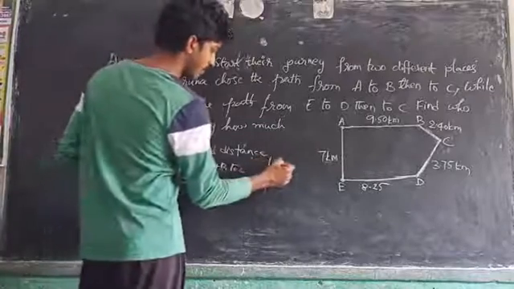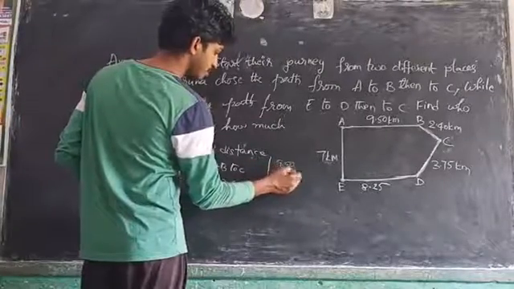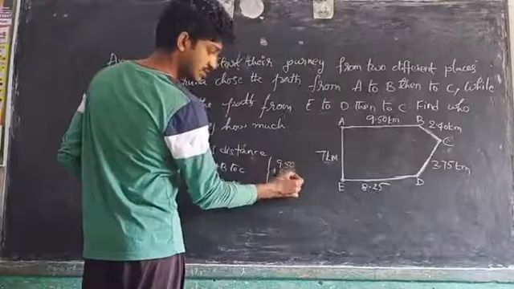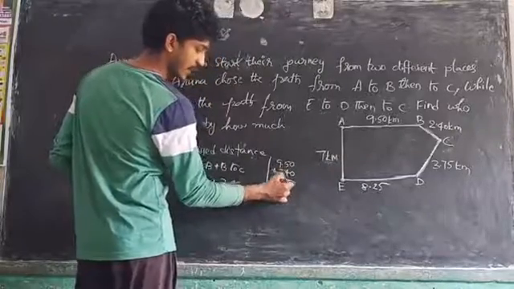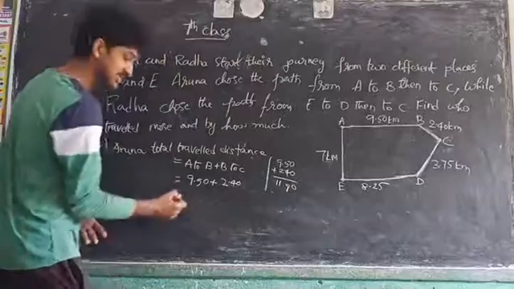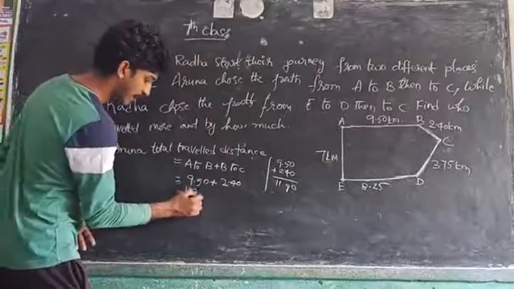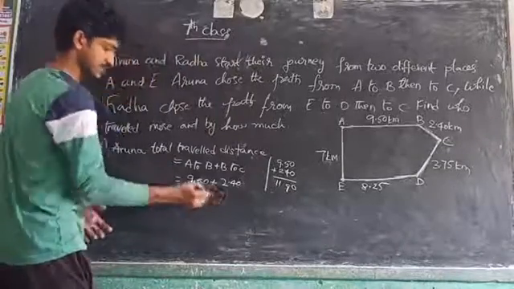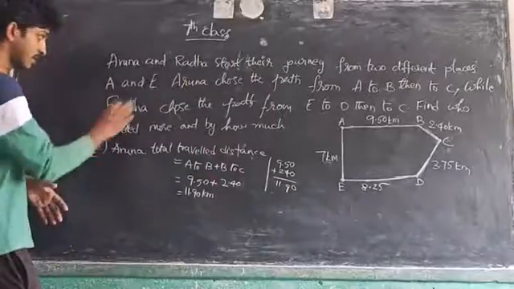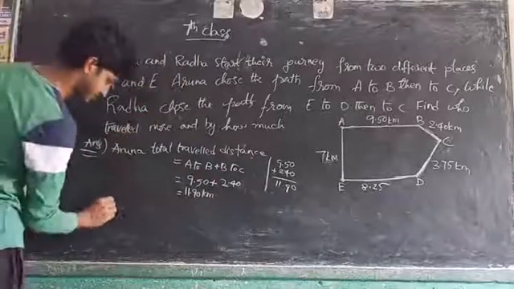If you add 9.50 and 2.40, 0 plus 0, 0, 5 plus 4, 9, 9 plus 2, 11. Total distance is 11.90 kilometers. Okay, children? Now Radha's distance.